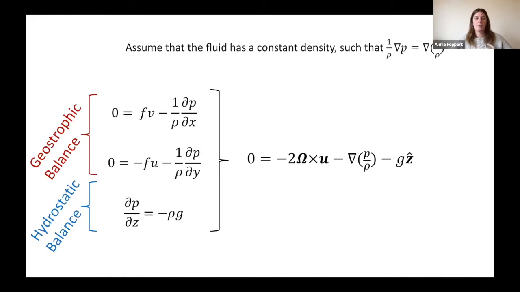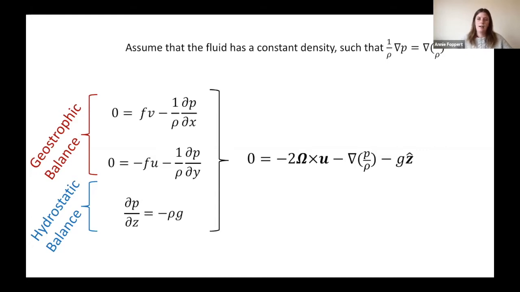The first thing I'm going to talk about is one of the main consequences of geostrophic balance, and that is this columnar flow, the 2-dimensional Taylor column fluid motion that you saw in the picture I showed at the beginning of the talk.